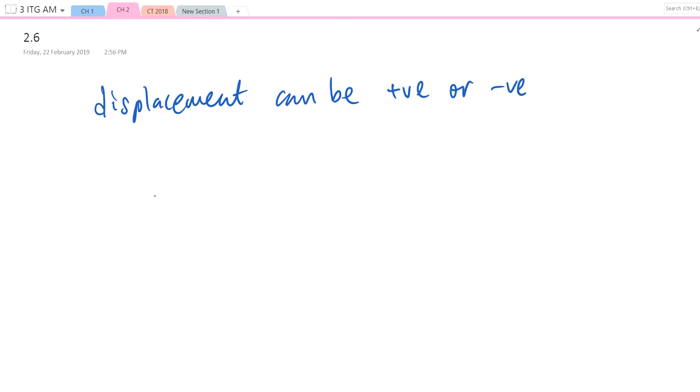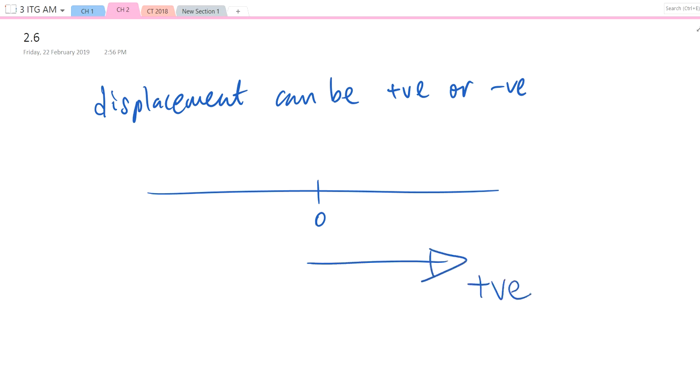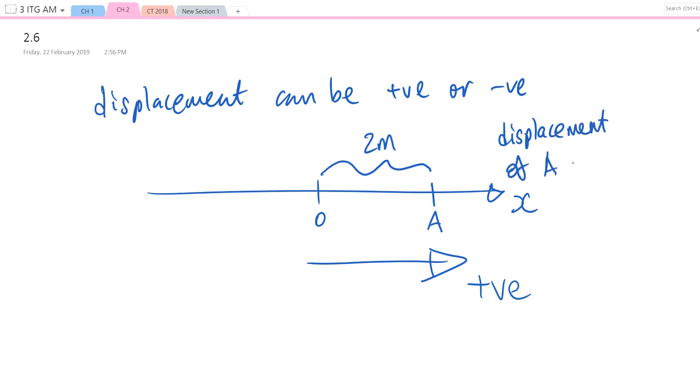For example, if this is the origin, and if I were to assign the direction to the right as positive, which is usually the case, for example in a number line, we say that the displacement of A from 0 in this case, for example if this is 2 meters, so we say that the displacement of A from the origin is 2 meters.